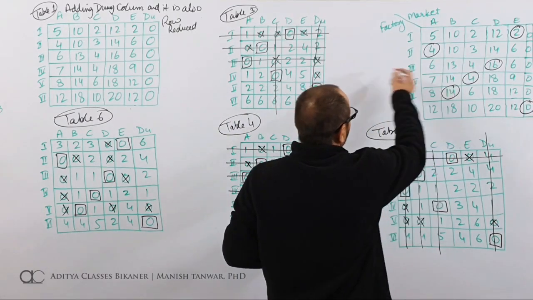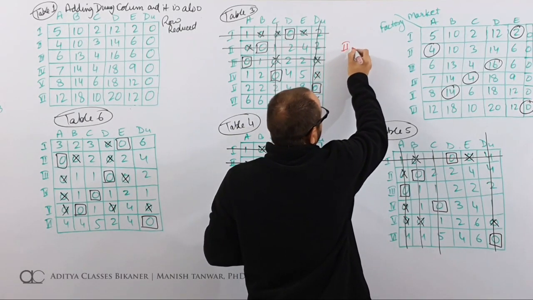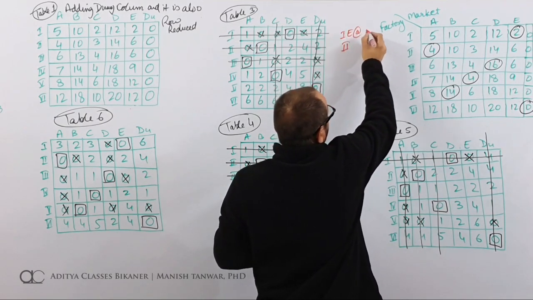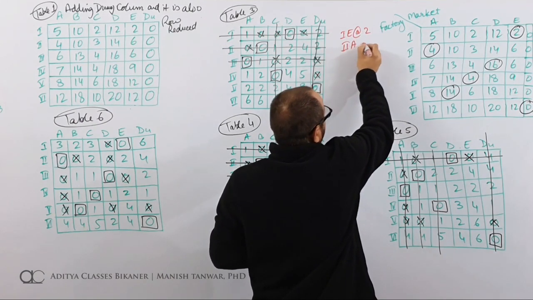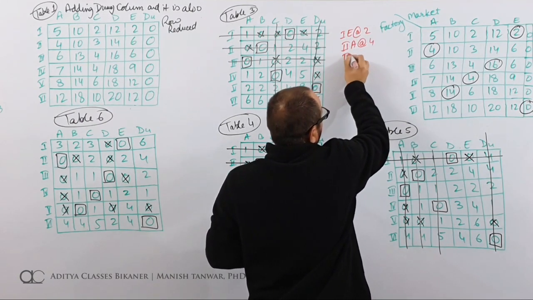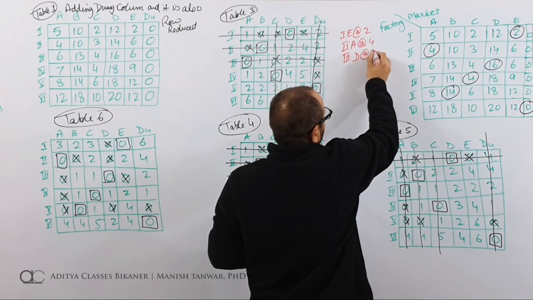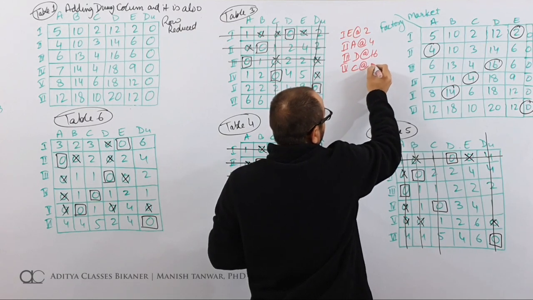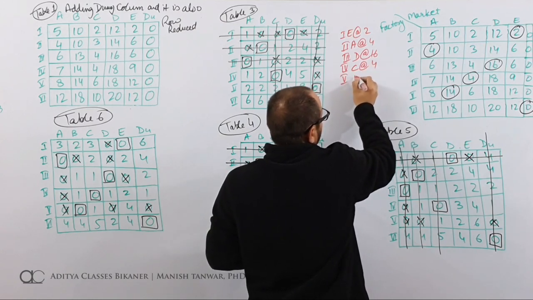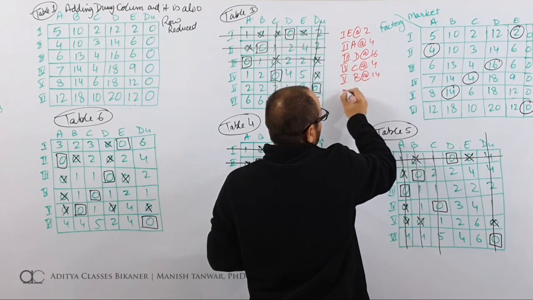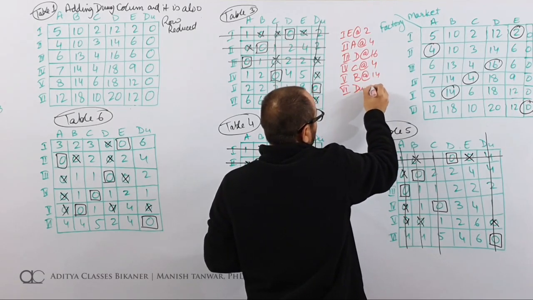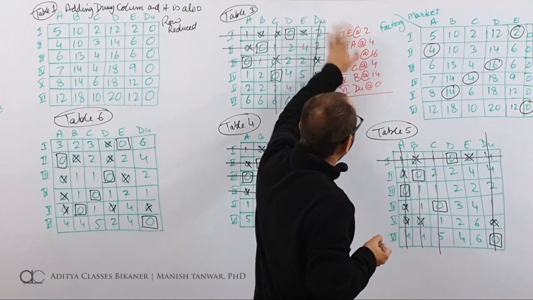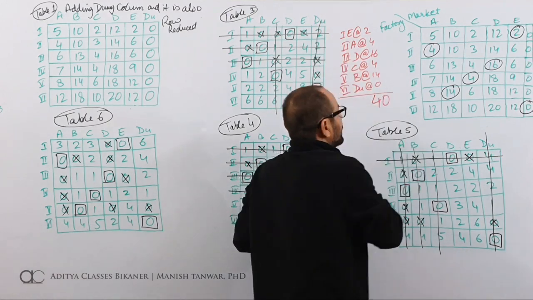So my assignment would be, or total cost would be, first E at 2, second A at 4, third D at 16, fourth C at 4, fifth B at 14 and sixth dummy at 0 for a total cost of 30 and 10, 40.